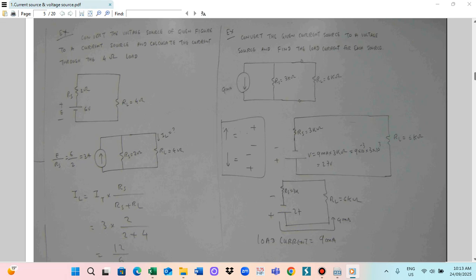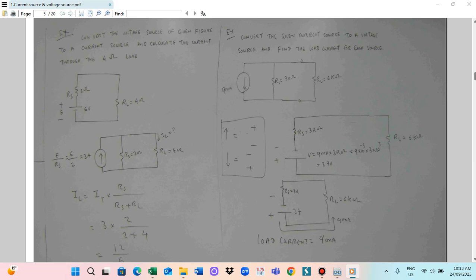And then the resistor is connected in series with the voltage source. So resistor RS is in series, 3 kilo ohm, and then this one, RF, is in series with RS, and RF is 6 kilo ohm.